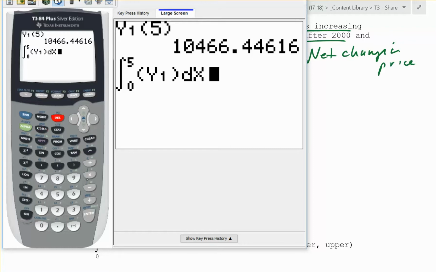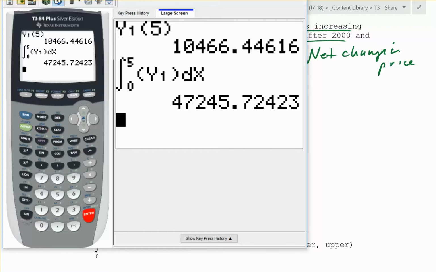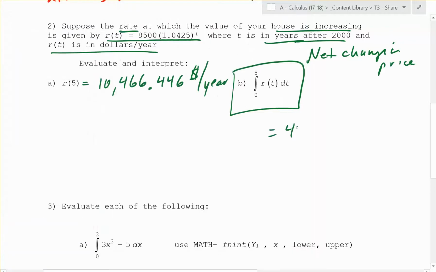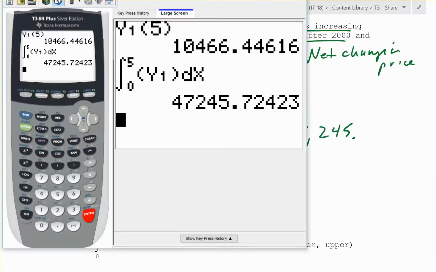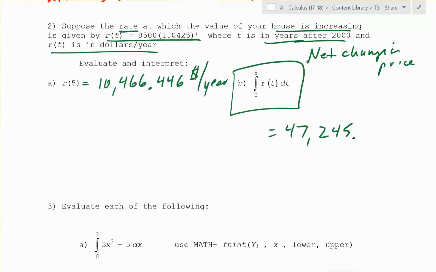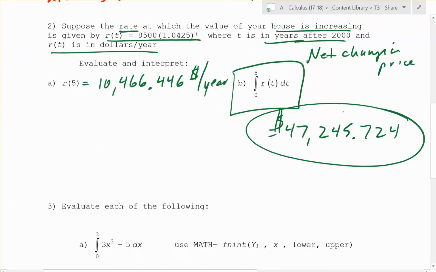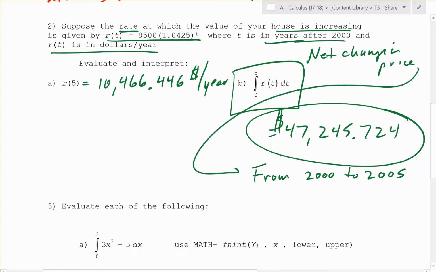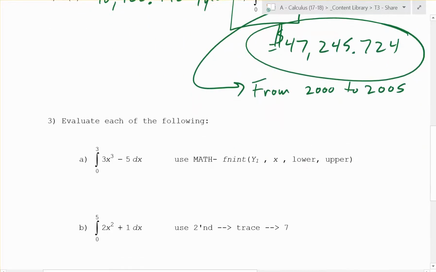You press enter, and it's 47,245.724, because you know I like 3 decimal places, even if it's in dollars. So that is the net change in price. That's not the value of the house, but that's how much the value of the house has changed from 2000 to 2005.